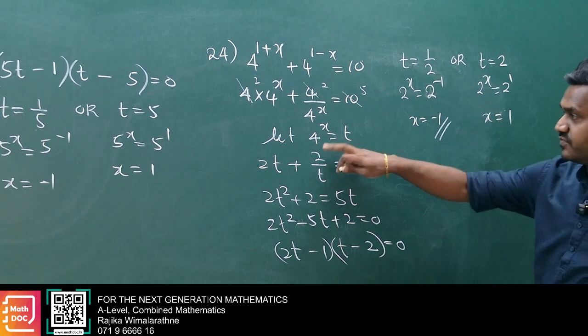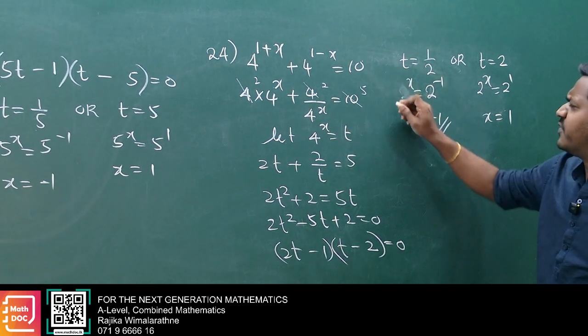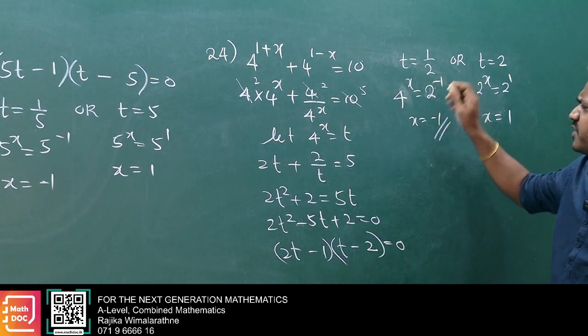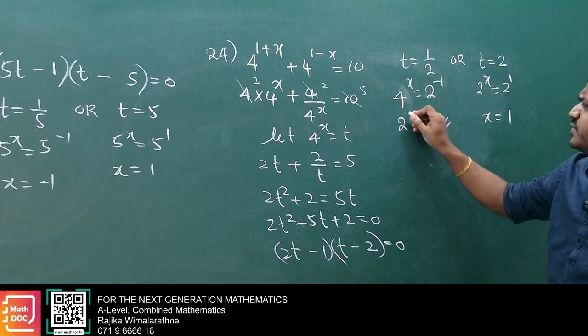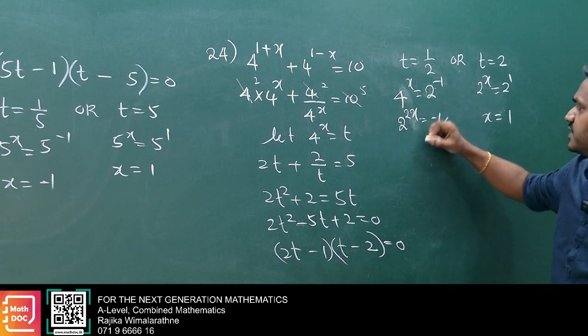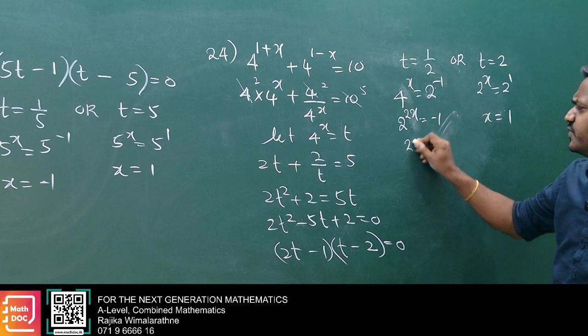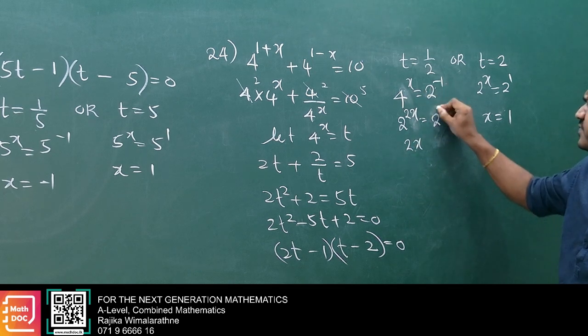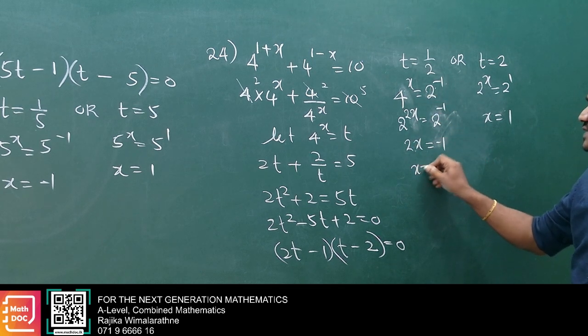Here is a small error. 4 to the power x equals 2 to the power minus 1. Then 2 squared to the power x gives 2 to the power 2x, so 2x equals minus 1, x equals half.